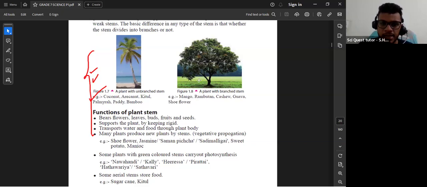So that is the reason it transports water and food. From where is the water absorbed for the plants? From the soil. Good. That's correct, from the underground soil. Last week we discussed it.